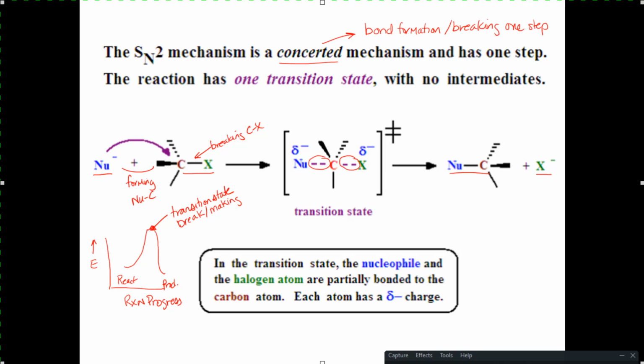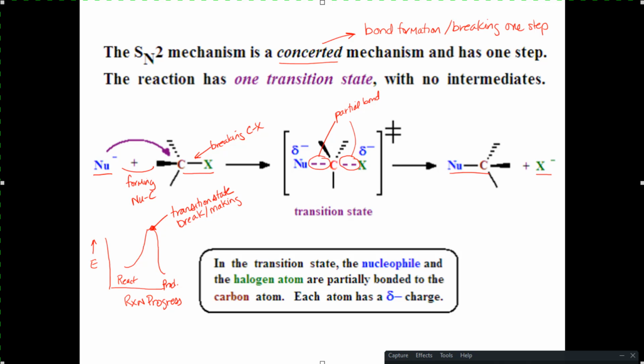If you remember back in the resonance hybrids, we used the dotted line to represent a partial bond. So in this case, I'm showing the nucleophile forming a partial bond to the carbon using a dotted or dashed line, and I'm also showing the carbon-halogen bond partially breaking using a dotted line.